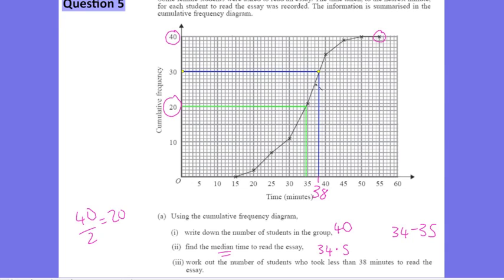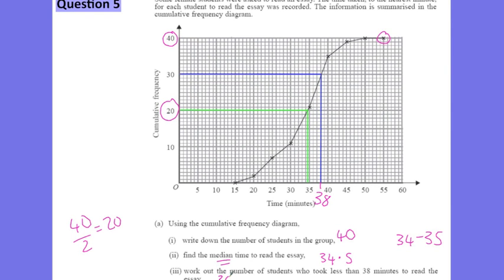Across there, we can see that the cumulative frequency is 30. So the number of students who took less than 38 minutes, remember less than is going to be all of these. These people took more than 38 minutes on this side. So our answer there, 30.